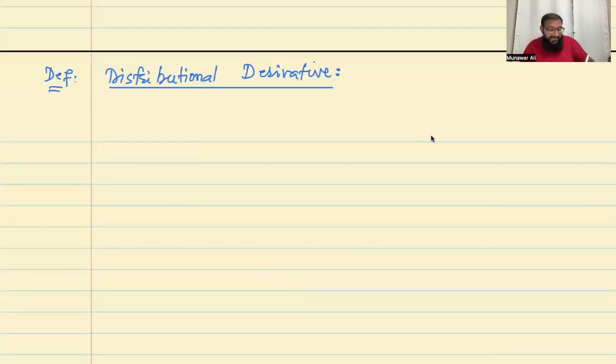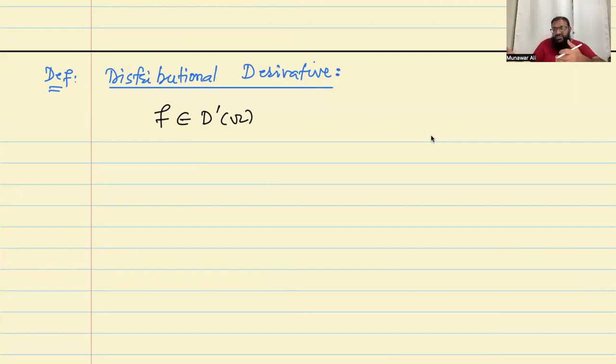Distributional derivative. So I have f from D prime of omega. So f is a distribution. The question is, what is the derivative of f? Can we differentiate? First we have some very nice functions, we can differentiate them. Then we move towards the weak derivative.